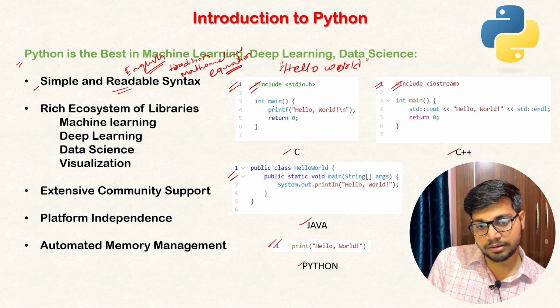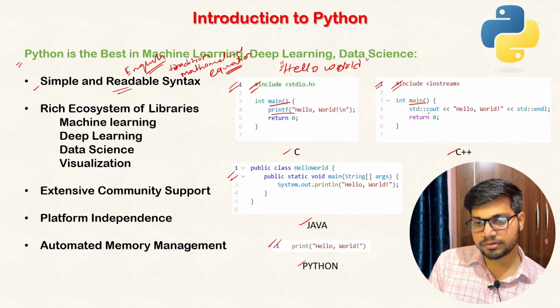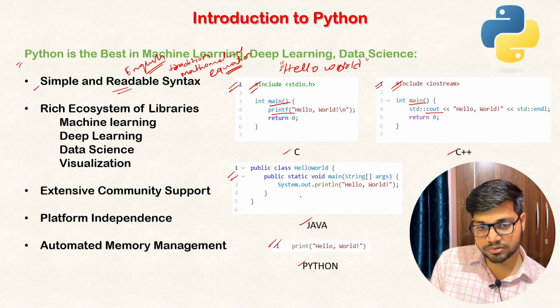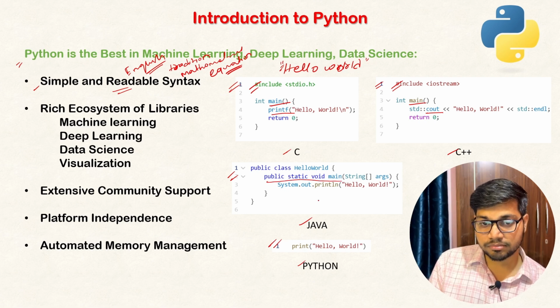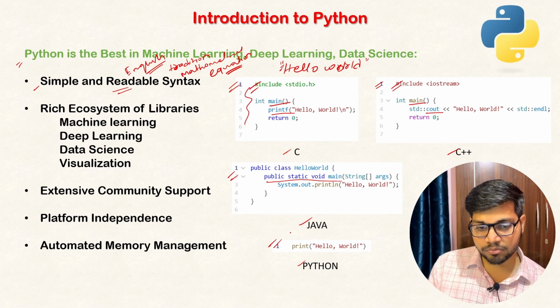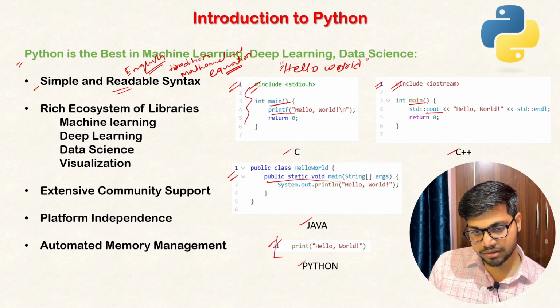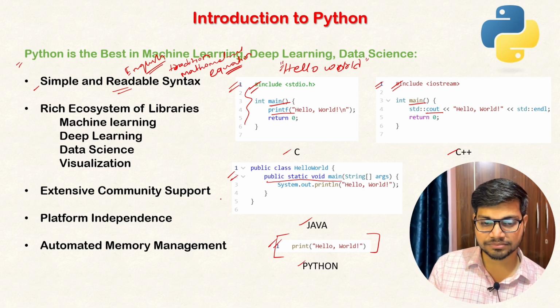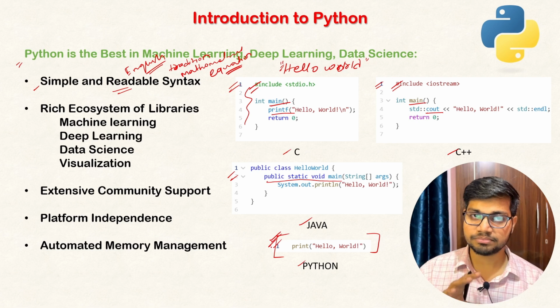Then in the main function we have to mention printf, then here is cout, and in Java also there are things like public, static, void, main. These things are required to write. These are very complex, but if you look at Python it is very simple: print hello world, that's it. So this is very simple.